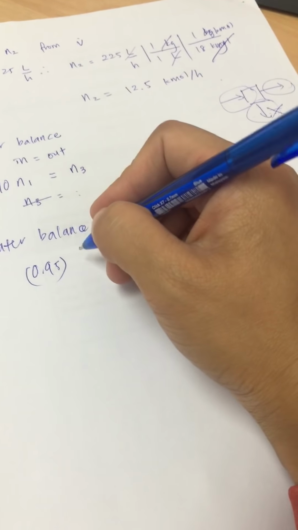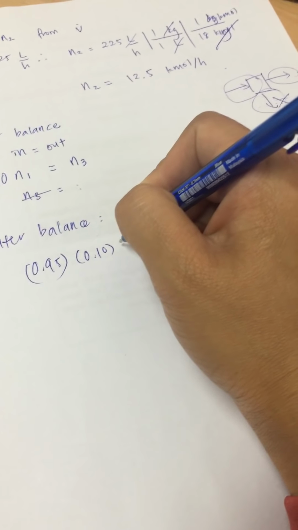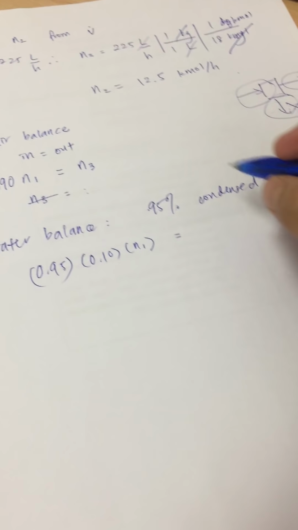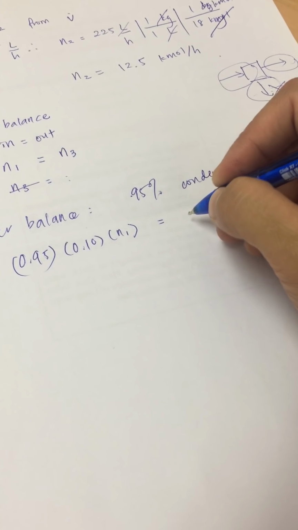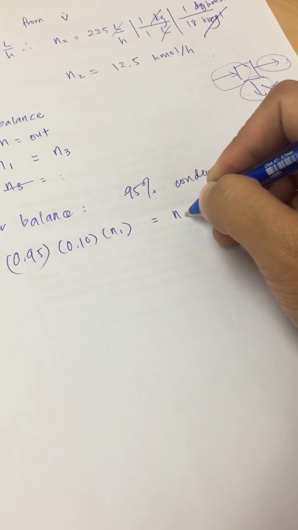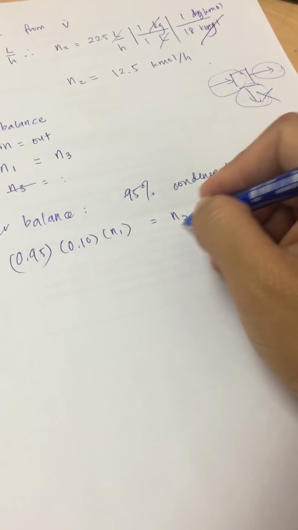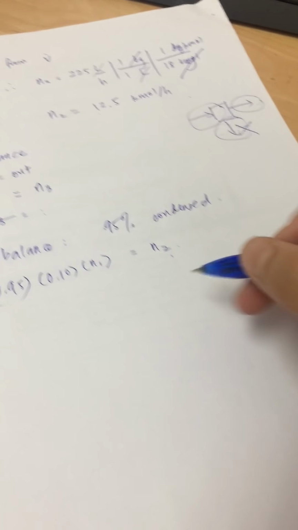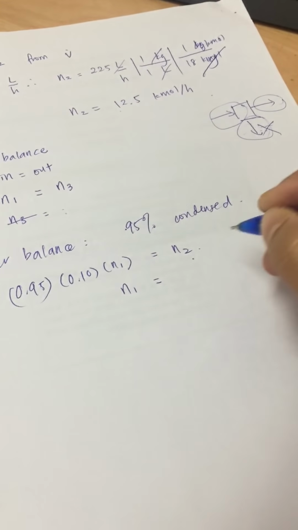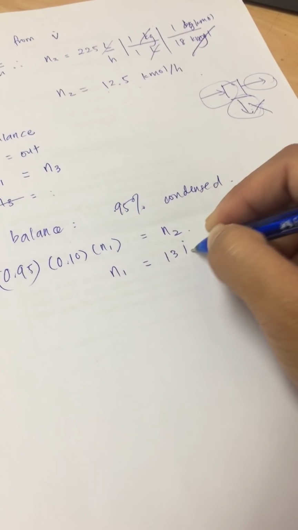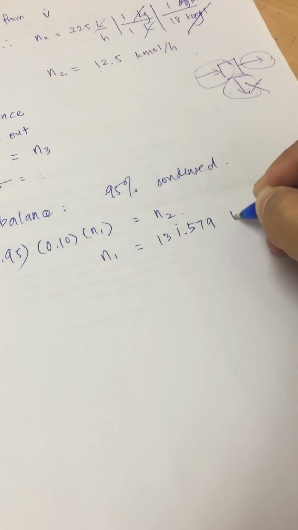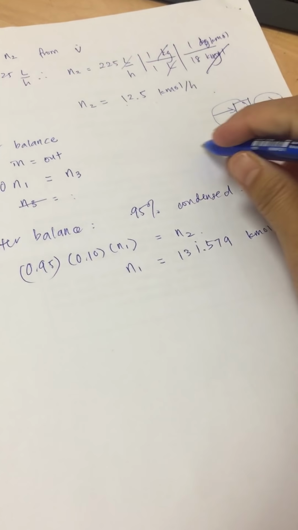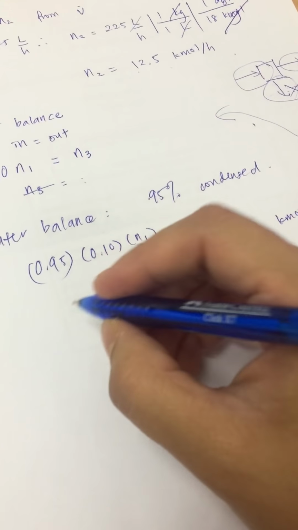How much water is fed into the condenser? 10% of N1 equals N2. And N2, we have found, is 12.5 kilomole per hour. So N1 is then 131.579 kilomole per hour. So from here, we can find N3, right?